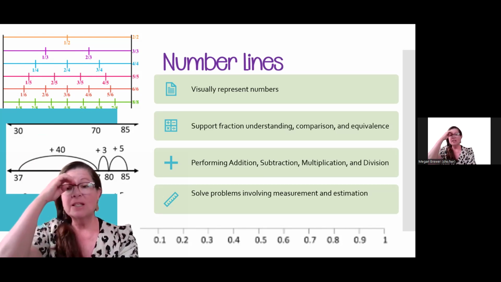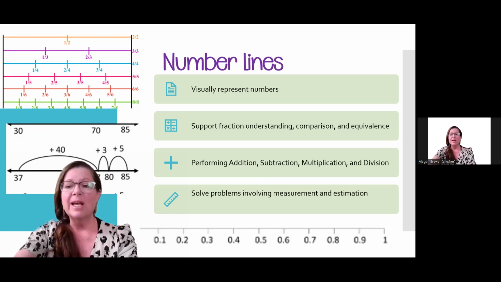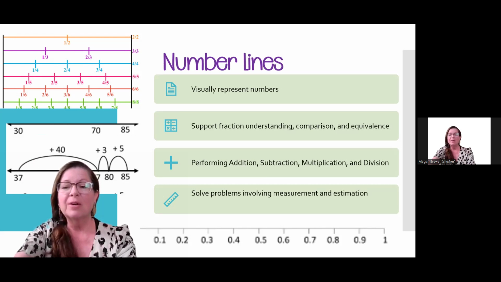Therefore, 37 plus 48 equals 85. An open number line can be a highly effective math tool for modeling strategies for adding and subtracting whole numbers and fractions and decimals. You definitely want to expose your students to number lines and open number lines.